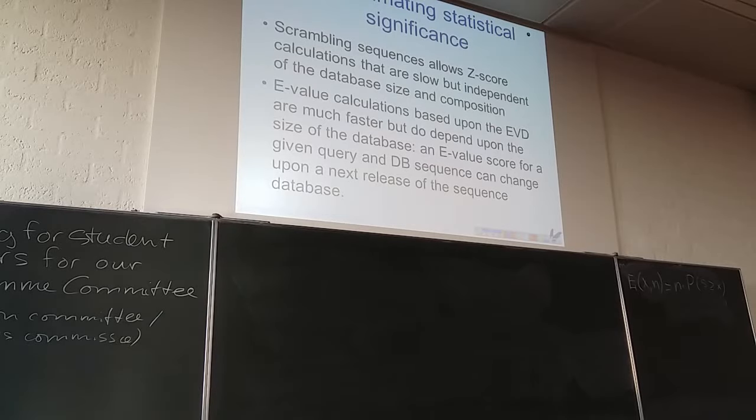But doing it through the extreme value distribution is much faster, though it depends on your database, right? So you need to calibrate your calculation each time you switch databases. And there are some assumptions in how this is calculated. For example, it doesn't work well for very small databases.